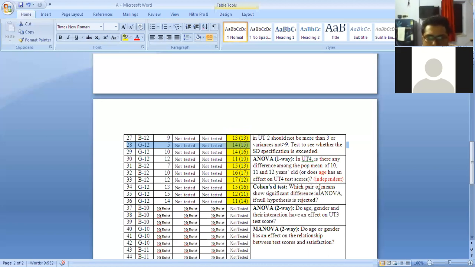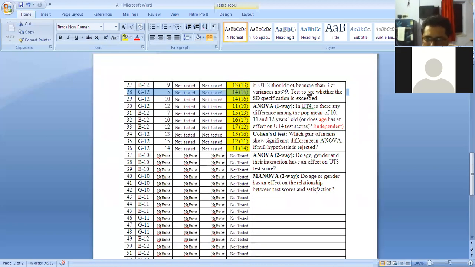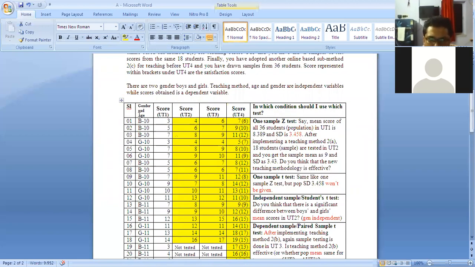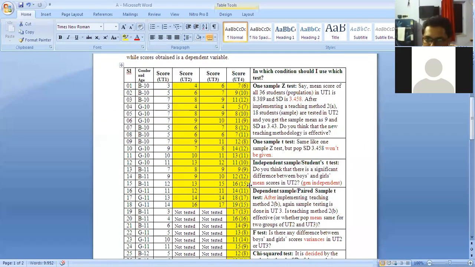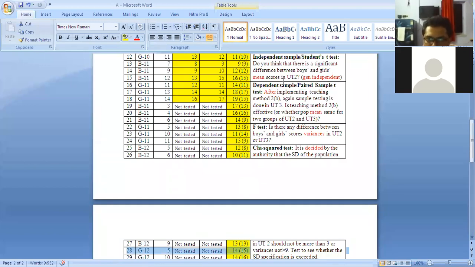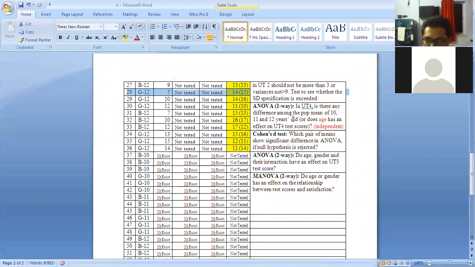Now take a look at the two-way ANOVA. Suppose you have seen that not only the age groups are there, but also the gender is there. Earlier, in case of one-way ANOVA, you tested whether age has an effect on the test score, and you can also test in one-way ANOVA whether gender has an effect on the test score.